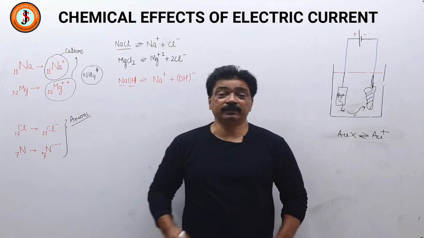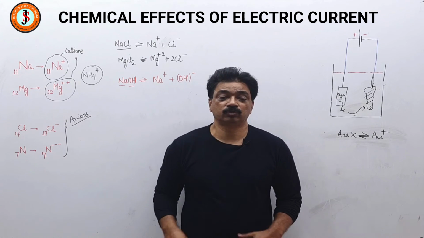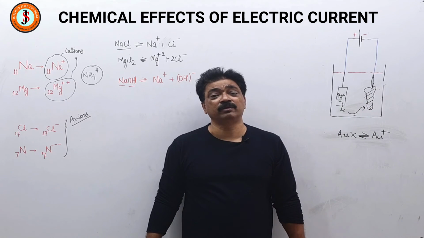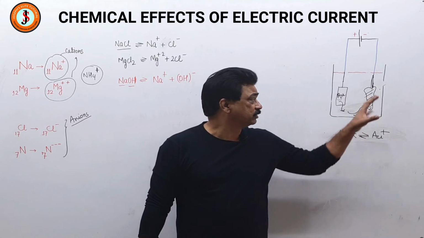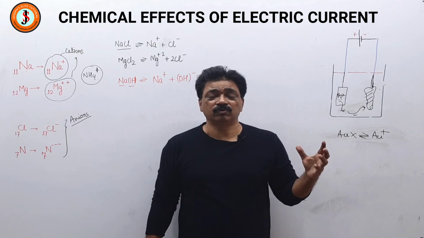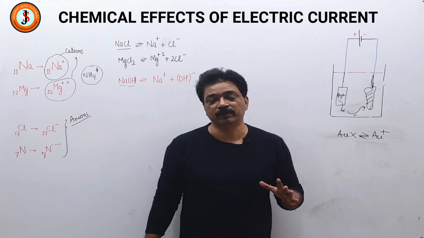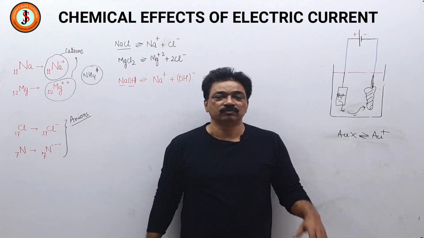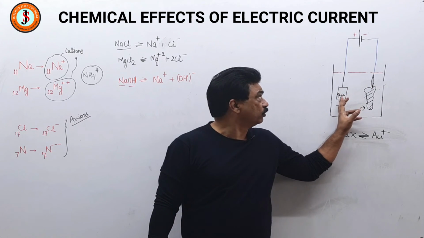Electroplating is used to form films of desired metals on any article, and the article which has to be electroplated is always taken on the cathode, because metals will always get deposited on the negative electrode.